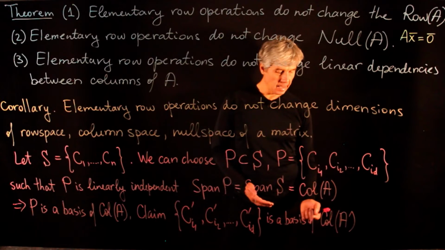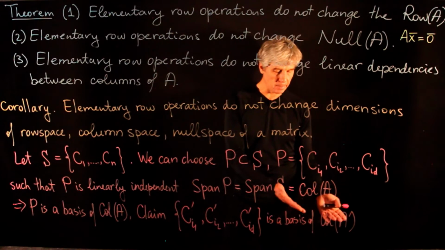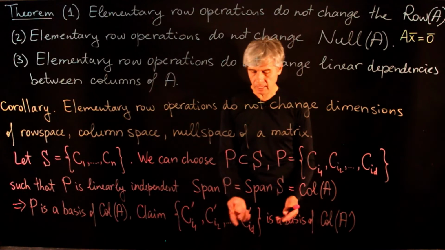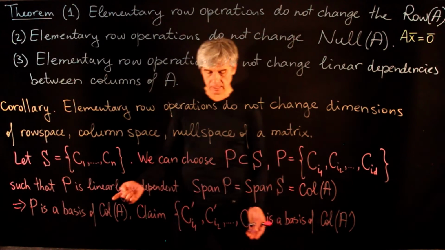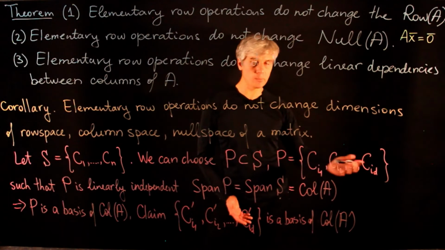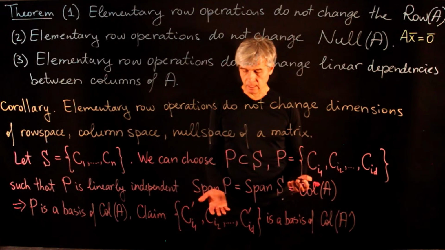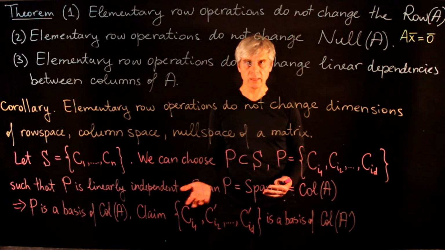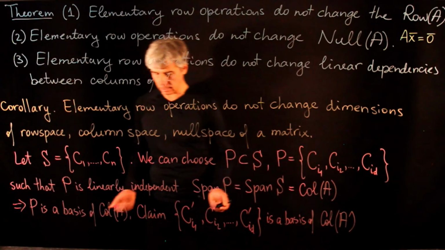And so now, since we obtained a basis of the column space of A prime, and we see that the number of vectors in this basis is the same by construction as the number of vectors in this basis, this means that dimensions, which are the number of vectors in a basis, are the same, right?